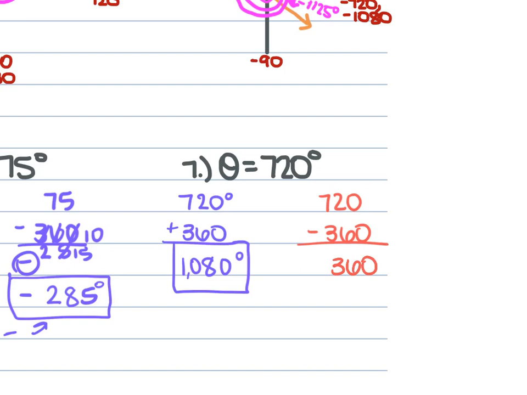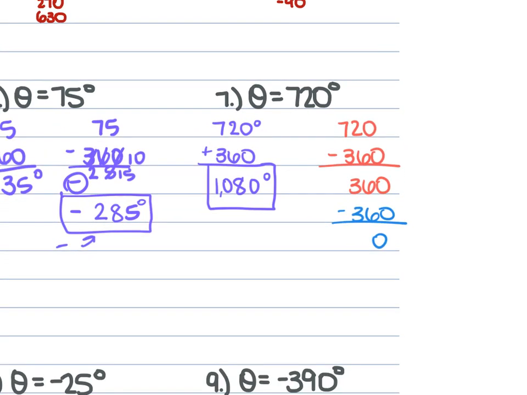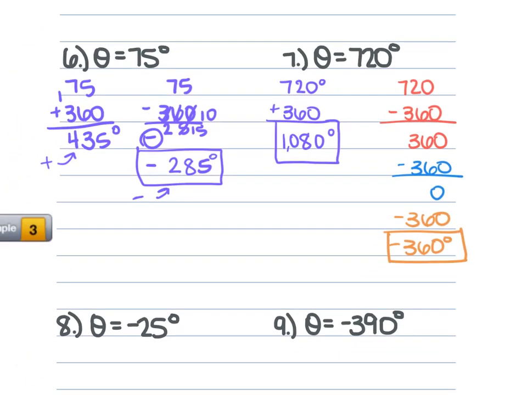Now, that's not a negative angle, so subtract 360 from that again. 360 minus 360 is 0. Well, 0 is neither positive nor negative, so we have to subtract 360 once more to get negative 360 degrees. So our two answers here are 1080 and negative 360 degrees.